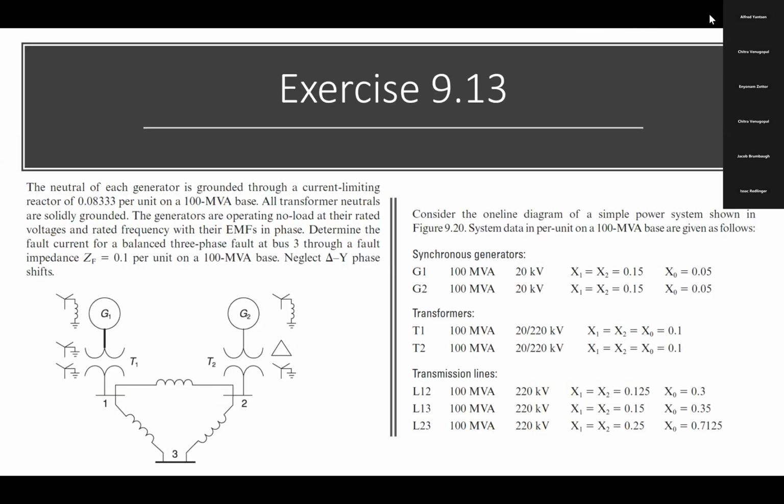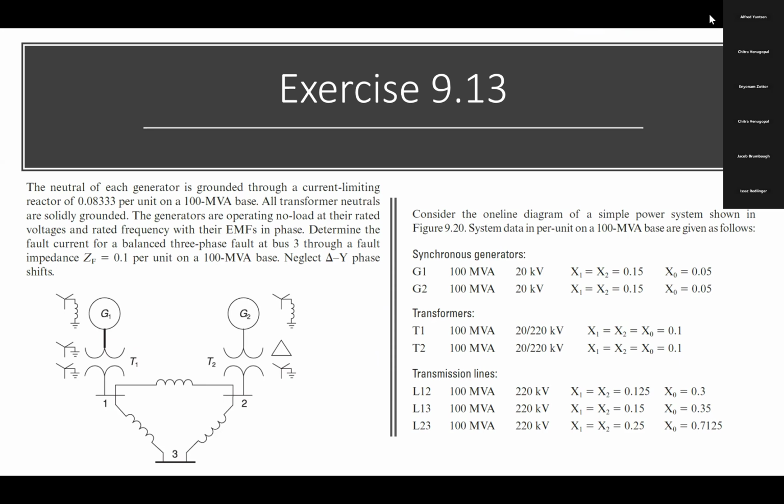So this is having a transformer, and it's 2 generators. It's a little bit close, similar to the problem that you are working on in PowerWorld, except that PowerWorld has many buses and this has fewer. It has 2 generators, 2 transformers, and a bus connecting one side and the other, whereas in PowerWorld there are a few more buses in between.